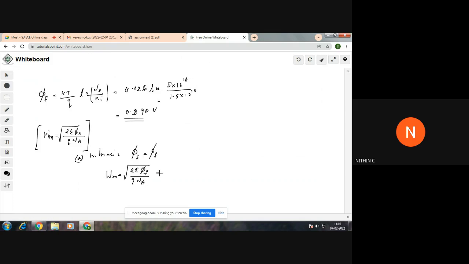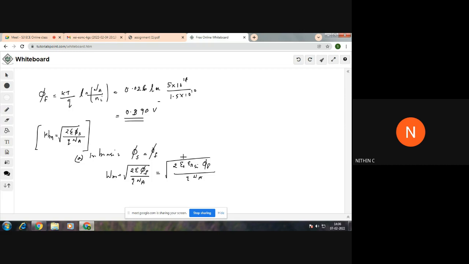I think this was obtained the other day. What was the value that you got? This epsilon, you need to substitute epsilon 0, epsilon r. I think it was already done in the last class. Root of 2 into epsilon 0, epsilon r si phi f divided by QNA.